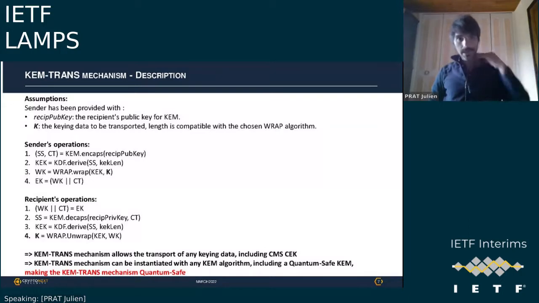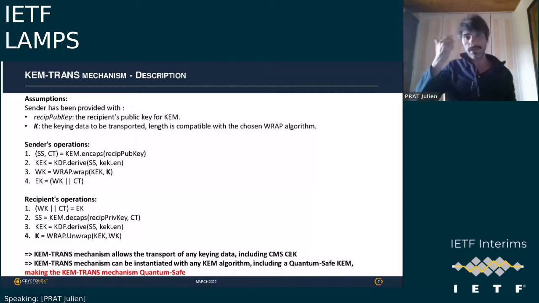Thanks to this mechanism, we will allow the transport of keying data, any keying data actually, including the CMS content encryption key. And we will be able to make this mechanism quantum safe by using a quantum safe KEM algorithm.